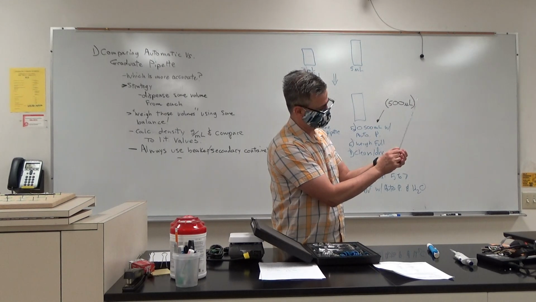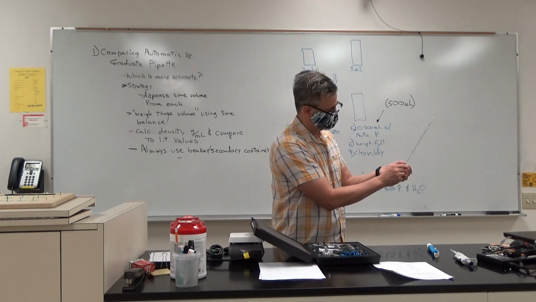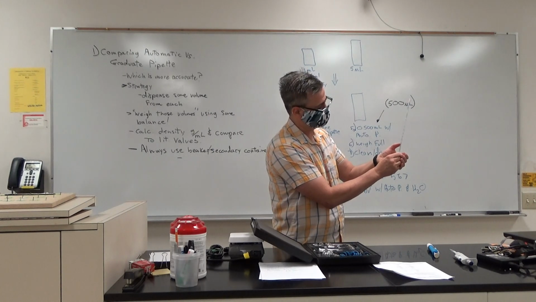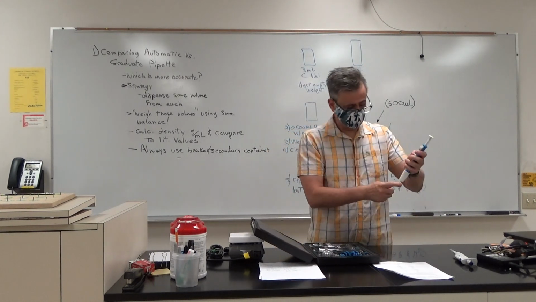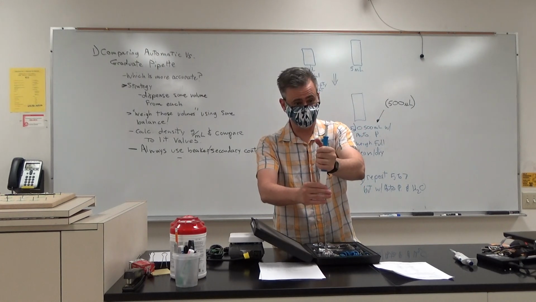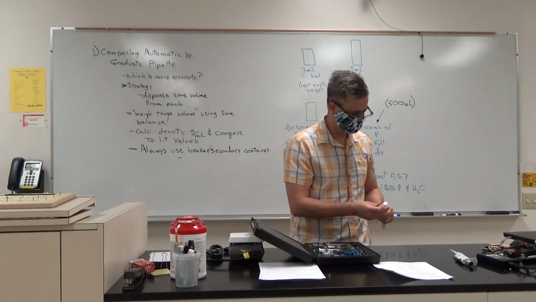So 100 microliters is at 0.9, 0.8, 0.7, 0.6, 0.5. So you go up that way. You roll it up, then put it over to the conical vial, and then you roll it back down. Pretty easy.